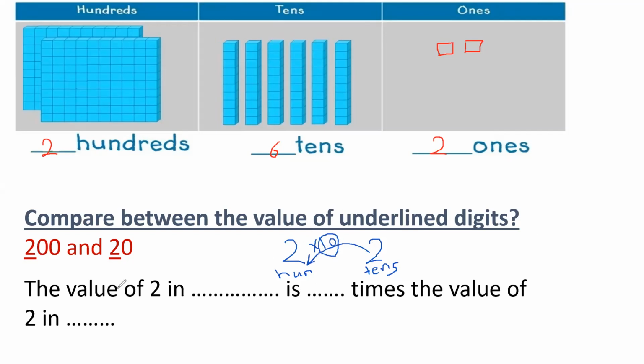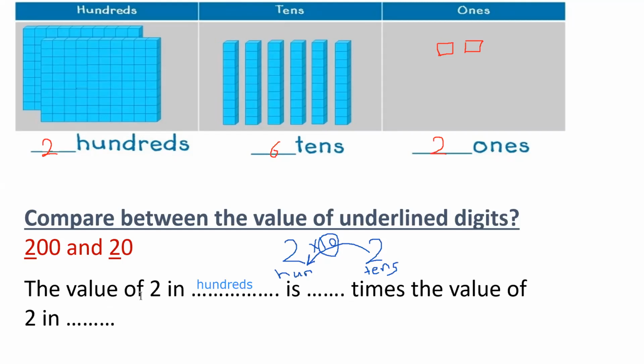Okay, so if I want to solve this, I will set the value of 2 in hundreds is what? times the value of 2 in tens.